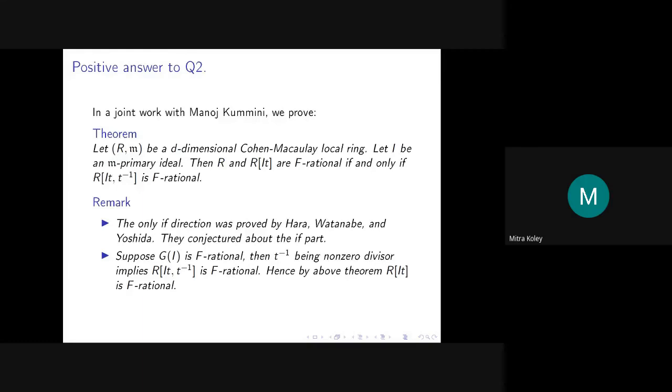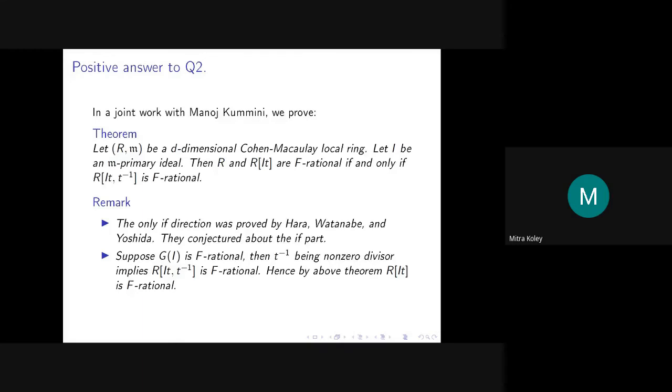They also mention that the if part is important because, suppose one could show that G_I is F-rational, then T inverse being a non-zero divisor implies that the extended Rees algebra is F-rational. Then by our theorem, the Rees algebra will be F-rational. So suppose we have a graded hypersurface ring, and suppose this is F-rational. Then the associated graded ring with respect to the maximal homogeneous ideal will be isomorphic to the ring itself, hence it is F-rational.